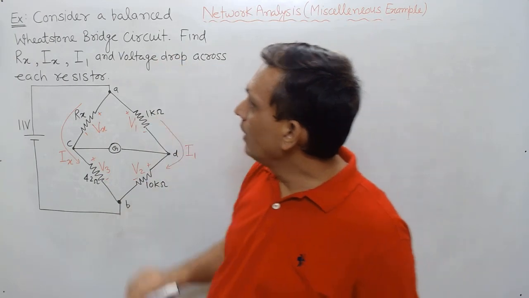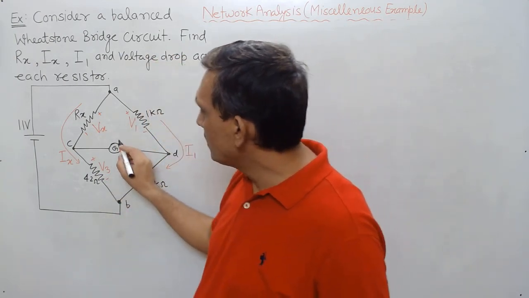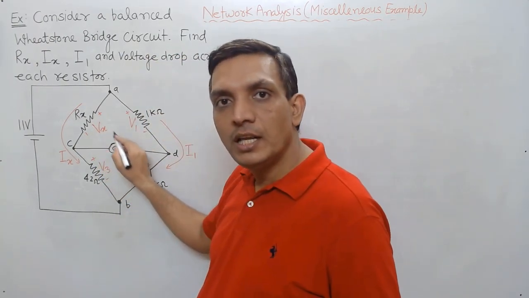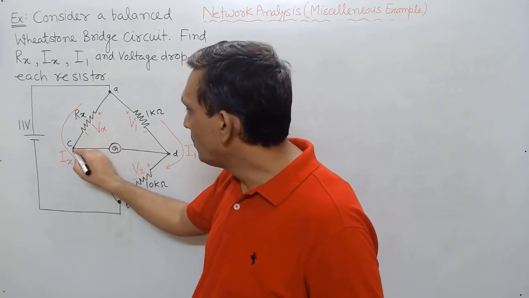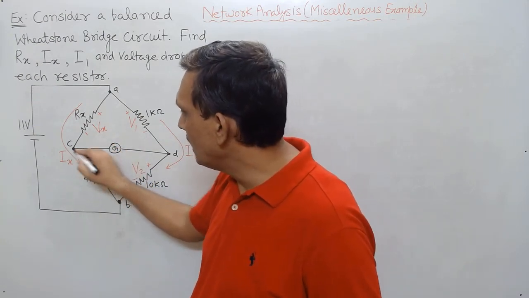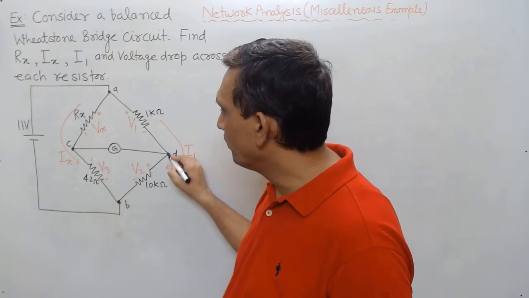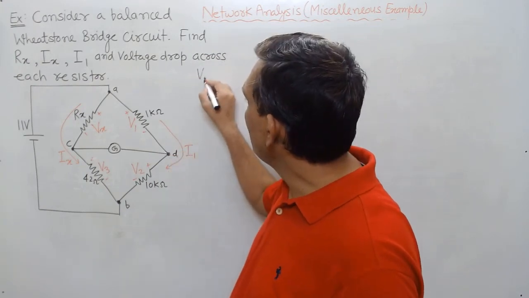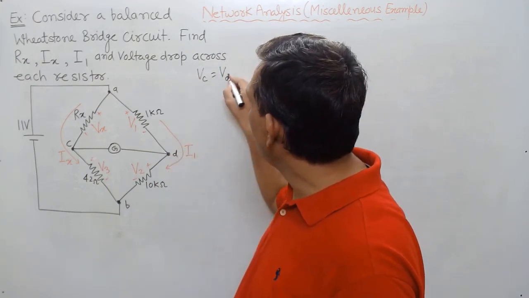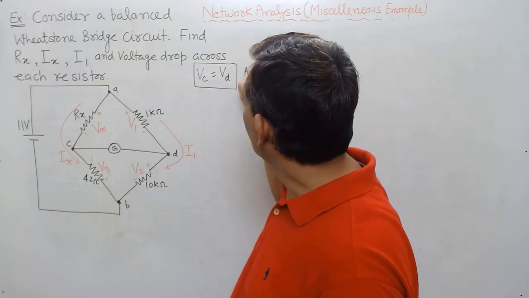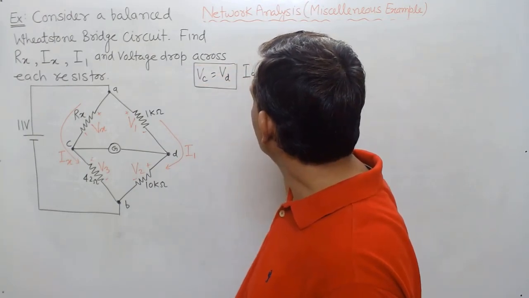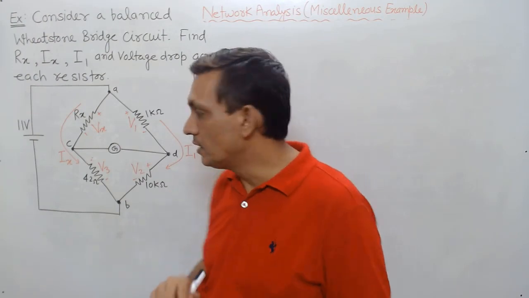So you know that when the bridge is balanced, this galvanometer reading will be 0. It means potential at C and D is the same. So potential at C is equal to potential at D. So Ig will be 0. That is the balanced condition.